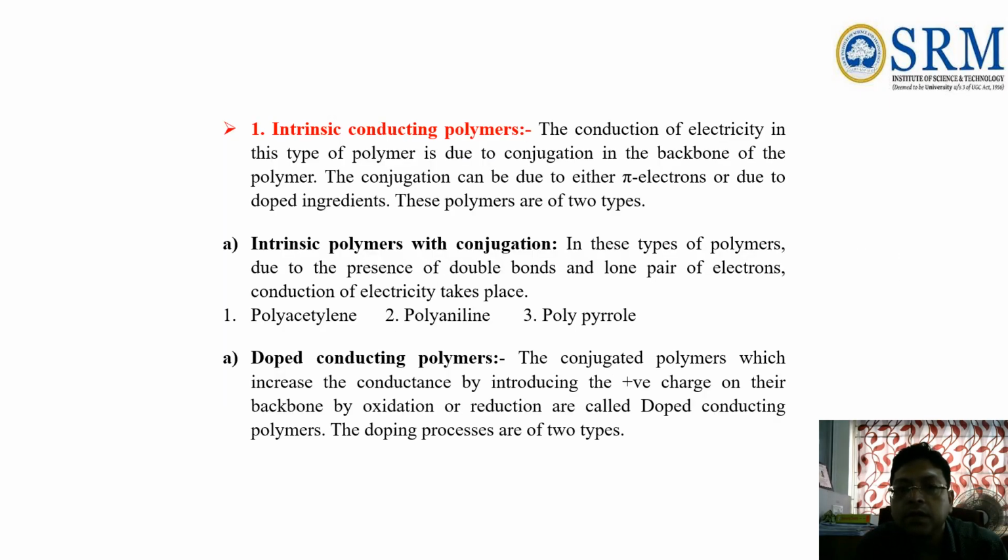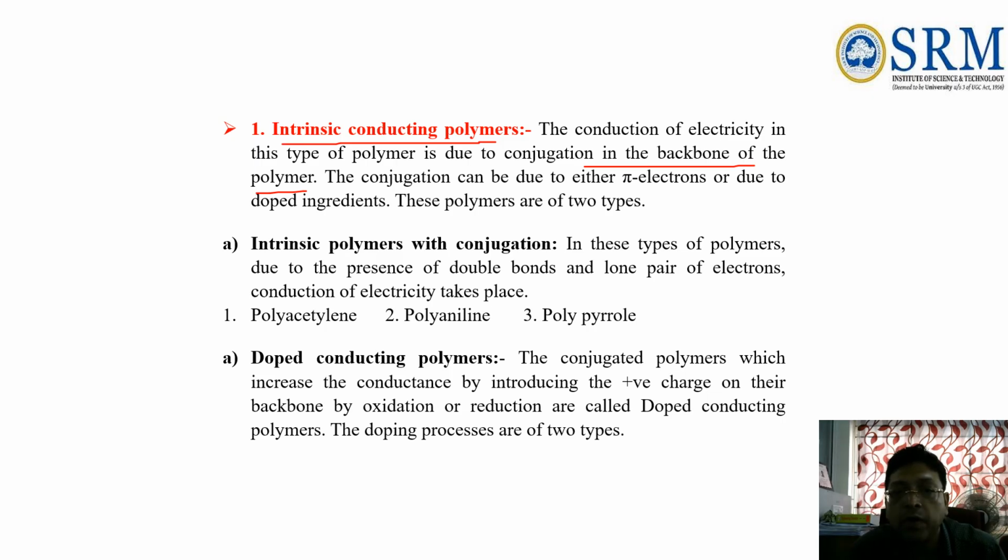Now next we'll talk about the intrinsic conducting polymers. In this type of polymer, the conduction of electricity is due to the conjugation in the backbone of the polymer. The conjugation can be due to either pi electrons or due to the doped ingredients. Basically, it is inherent in nature, and this stems from the extended conjugation.